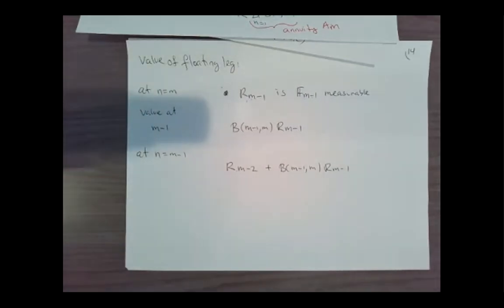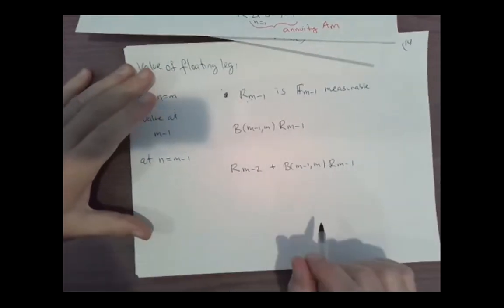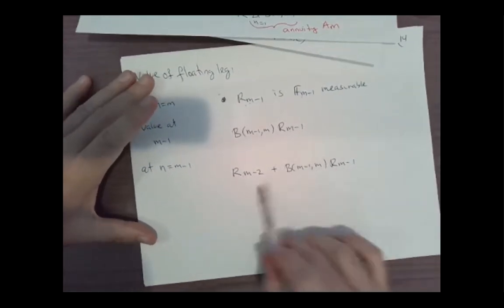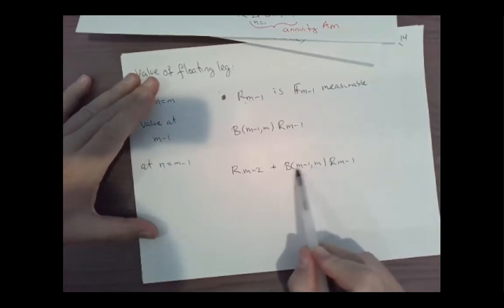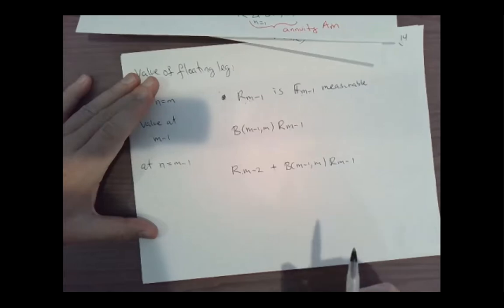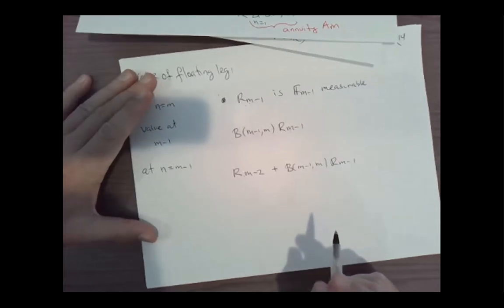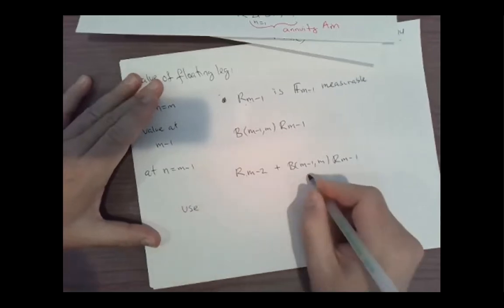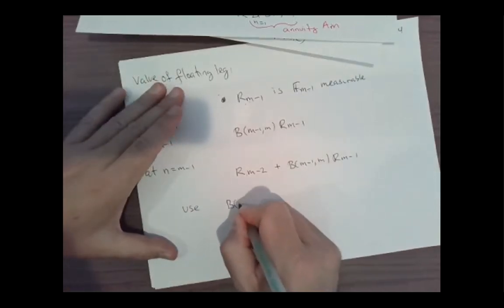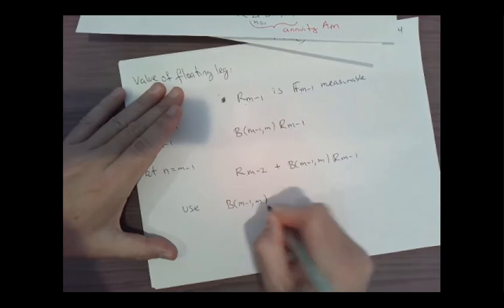And so how do we do that? How do we move this thing back in time? We're going to use the relationship between this thing here and the interest rate. There should be a formula for B_{m-1,m}.